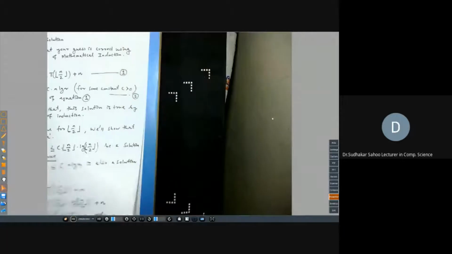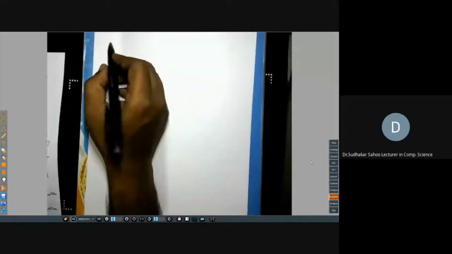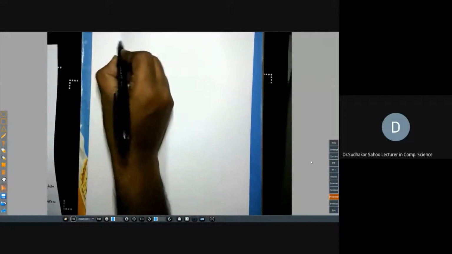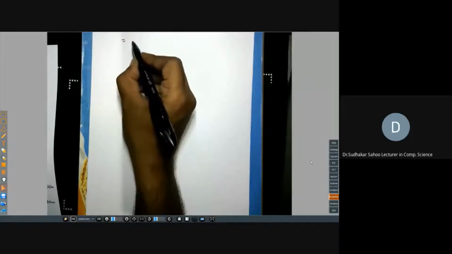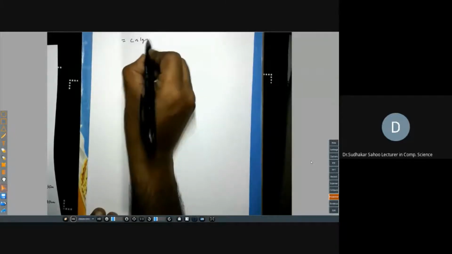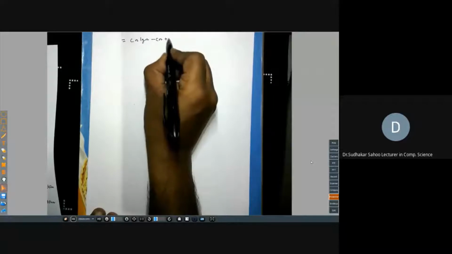Right? Let us write on another page. So the next value will be equal to Cn log n minus Cn plus n.